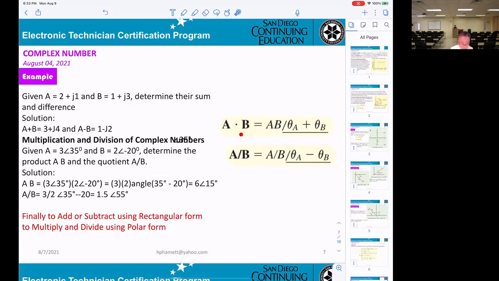For A times B, you take the magnitude of A times B, and the angle will be the angle of A plus the angle of B. Divided, you divide the real numbers, and the angle will be the angle of A minus the angle of B. That's just the formula. And we're doing the example to make sure you understand.